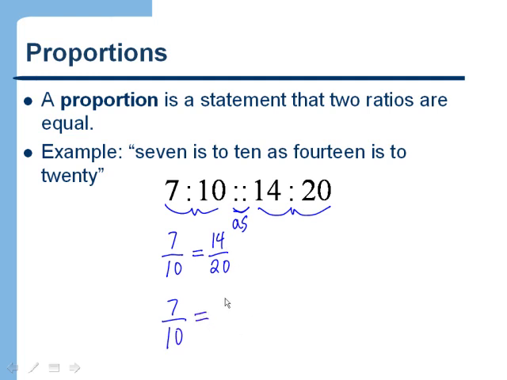On the right-hand side we can rewrite 14 as 7 times 2, and 20 as 10 times 2, and the 2's cancel out, and we get 7 over 10 is equal to 7 over 10. Okay, so that's what a proportion is. Simply two ratios that are equal.